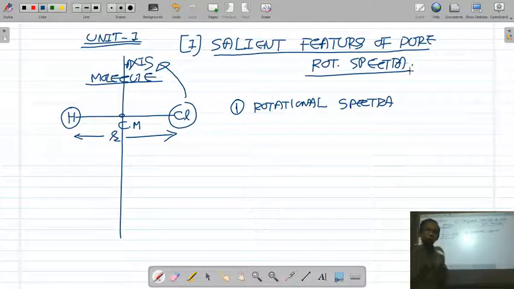So what are the main principal features of pure rotational spectra? That is our first article of rotational spectra. Okay, the name of the chapter is pure rotational spectra.